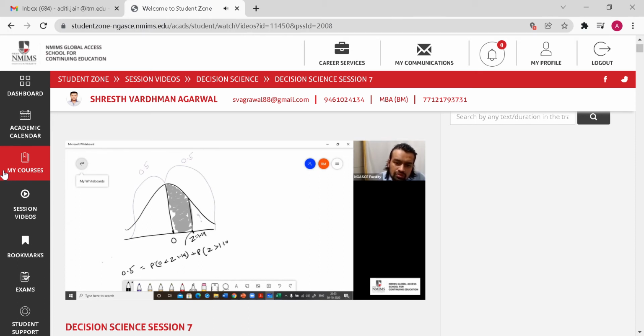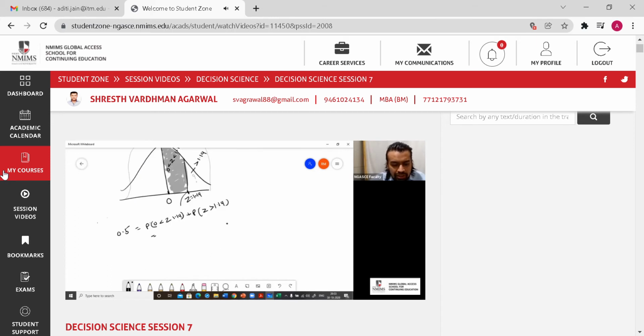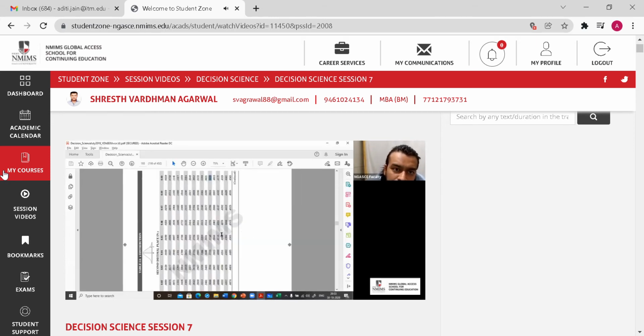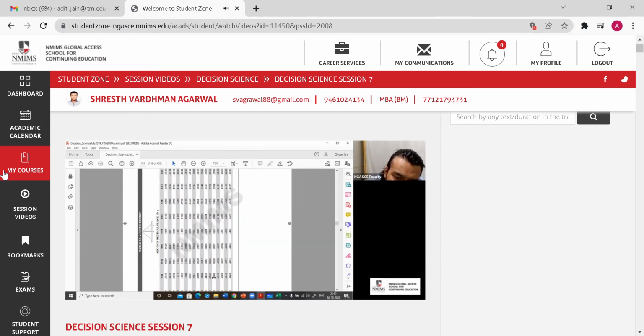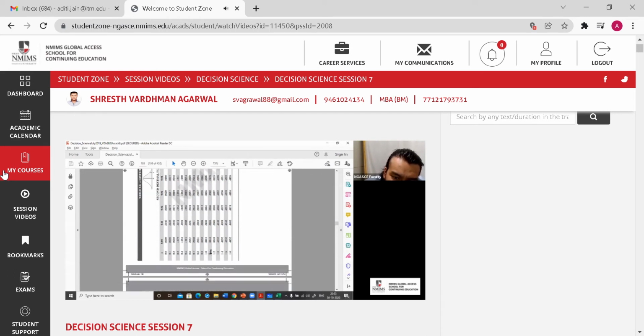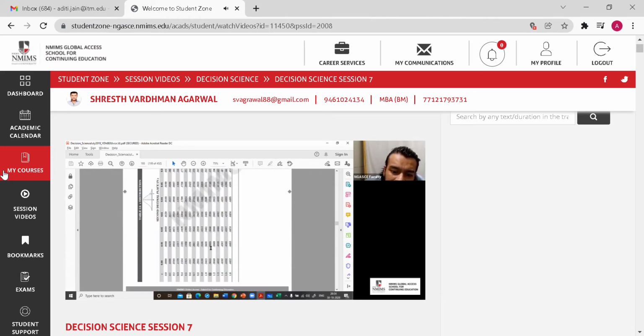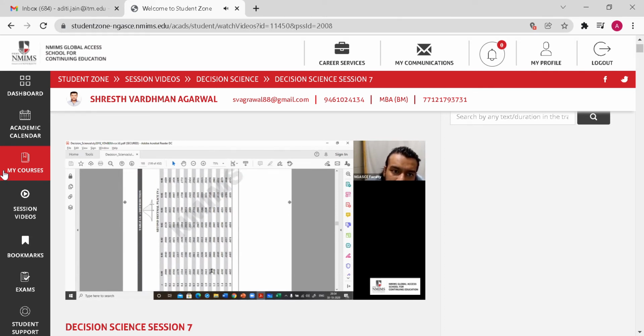So here you can say that Z value is between 0 to 1.19, and this is greater than 1.19. Okay, and the collective probability of this is 0.50. So this can be found out from the table on page number 193. So this is 1.1 here and the 9, and then 1.19.